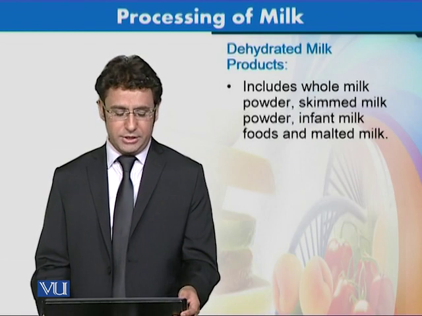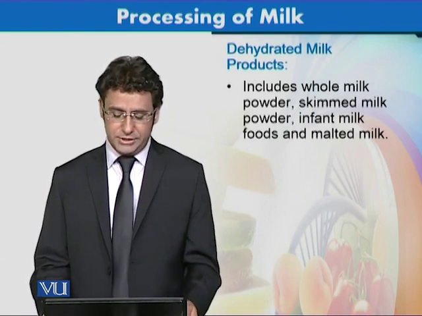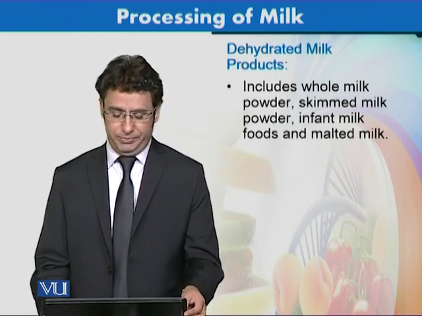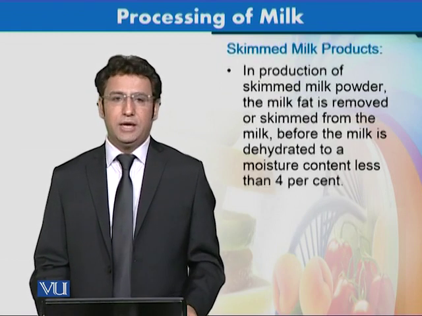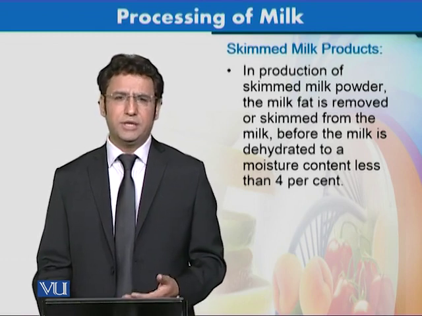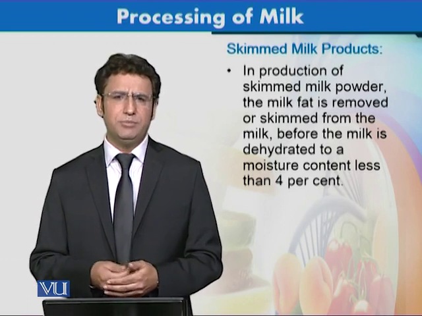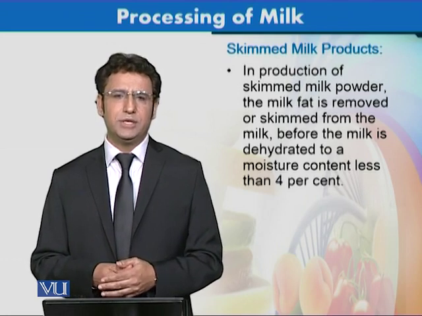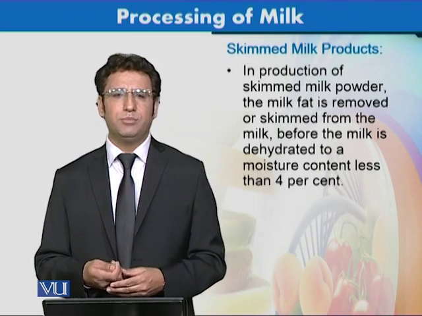Dehydrated milk products are another type of milk that is achieved by different kinds of processing. It might include whole milk powder, skim milk powder, infant milk powders, etc. Skim milk products are another category in which we do all the similar operations as I discussed earlier, but we remove the fat before it is made into any form such as condensed milk, evaporated milk, or powdered milk.